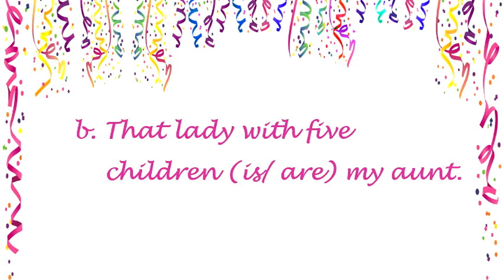Are we talking about lady or are we talking about children? Yes, tell me. We are talking about lady as the aunt or 5 children as the aunt? Yes, you got it right. It is the lady who is the aunt. Okay. So now lady is singular subject or plural subject?